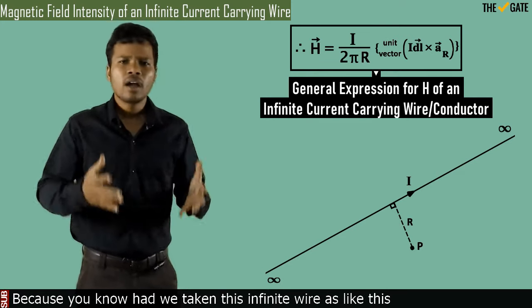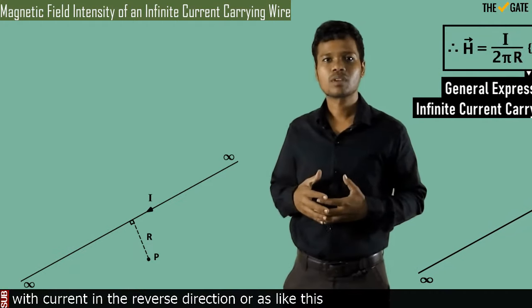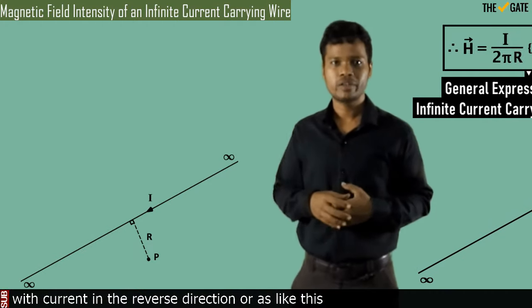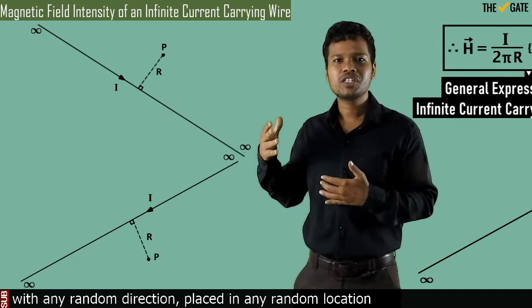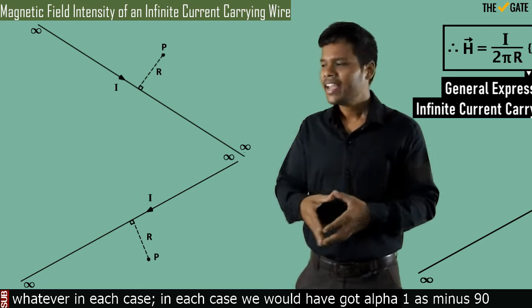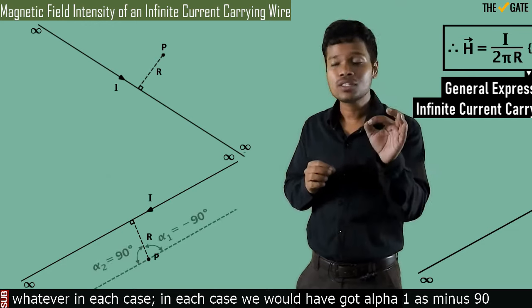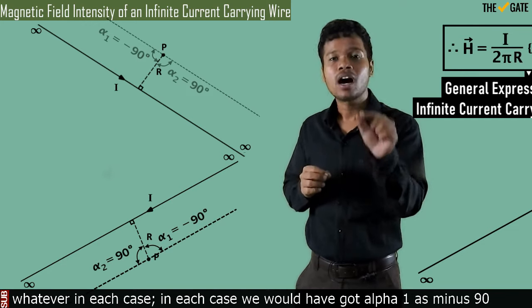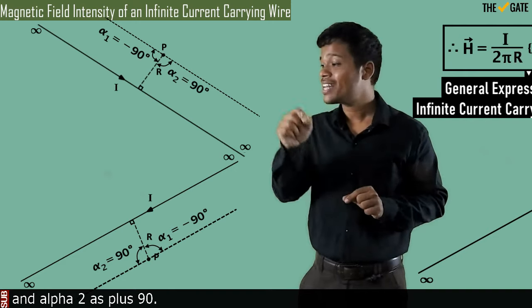Because you know, had we taken this infinite wire like this, with current in the reverse direction, or like this, with any random direction placed in any random location, in each case we would have got alpha 1 as minus 90 and alpha 2 as plus 90.